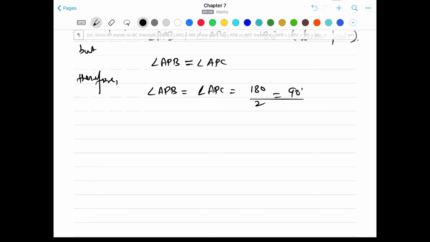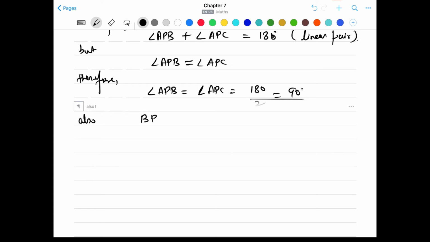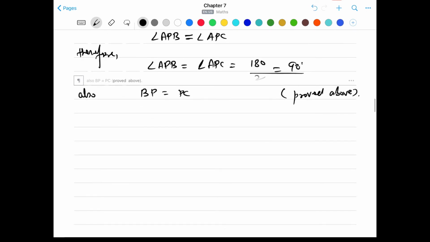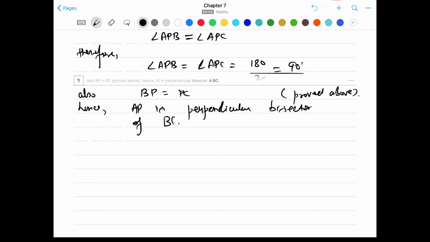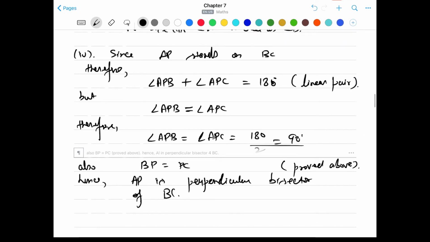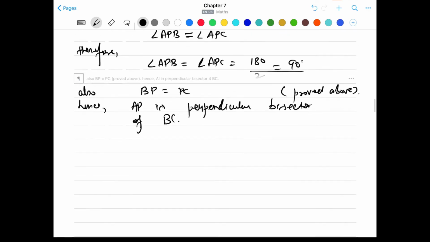That means the measure of each of these two angles is 90 degrees. We also have BP equal to PC. This is also proved above. So hence AP is the perpendicular bisector of BC. Okay, so that's the answer of part 4 of question number 1.